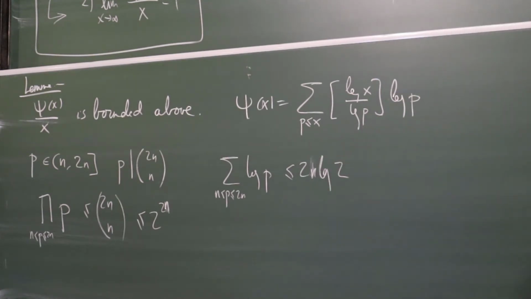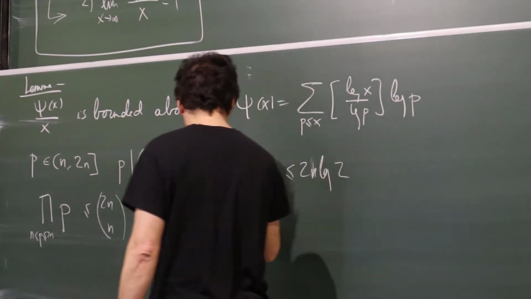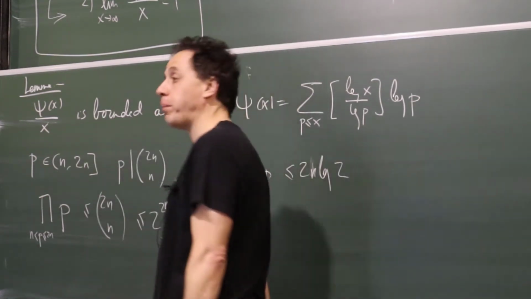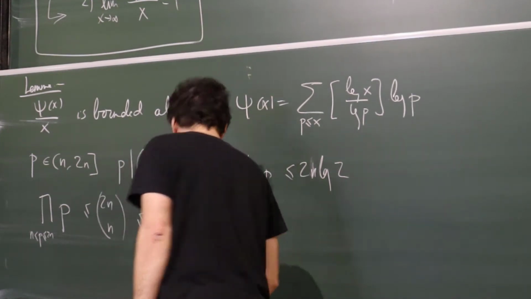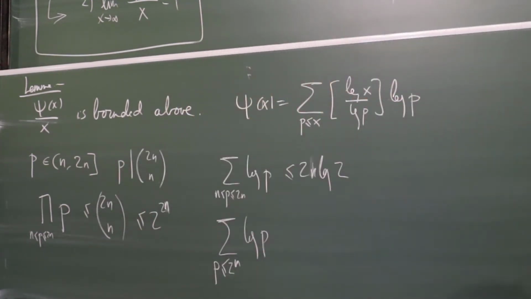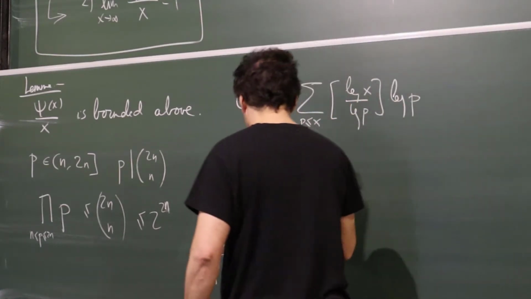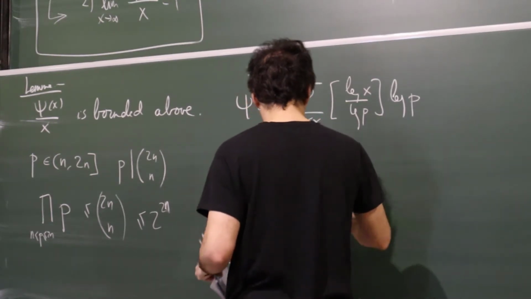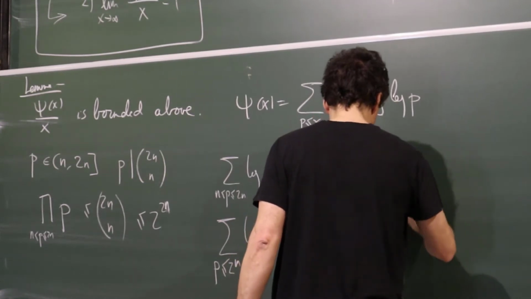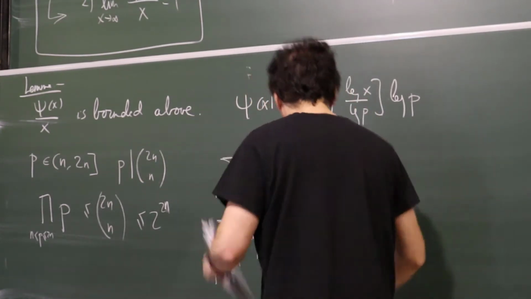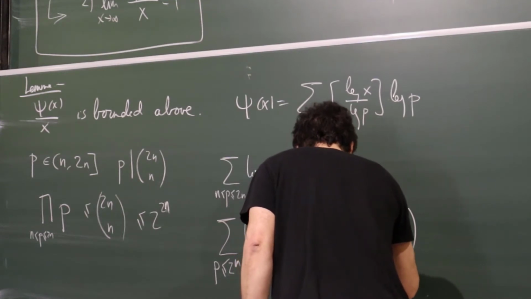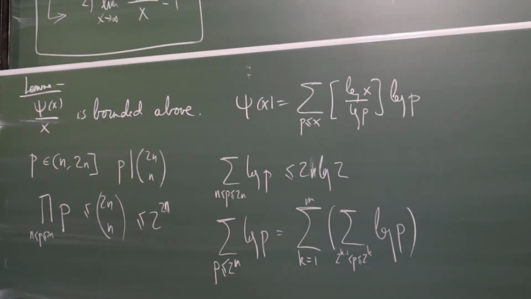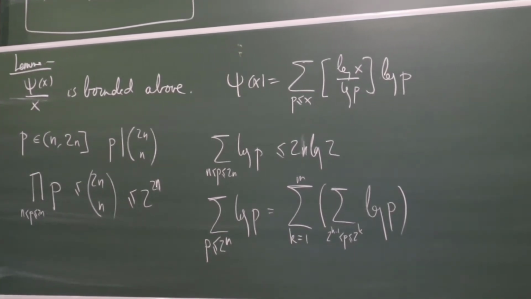Okay. If you take the sum of log p, the logarithm of all prime numbers up to some 2 to the m, let's put 2 to some integral power m, we can write this sum as the sum from k equal 1 to m of the sum of log p, where p goes between 2^(k-1) and 2^k. So we split the sum in several sums.